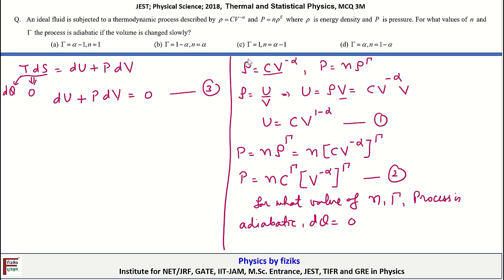From equation 1 I can obtain the expression for dU, because ultimately I require dU and P dV. If I have the value of these two quantities, then I can obtain the necessary condition.